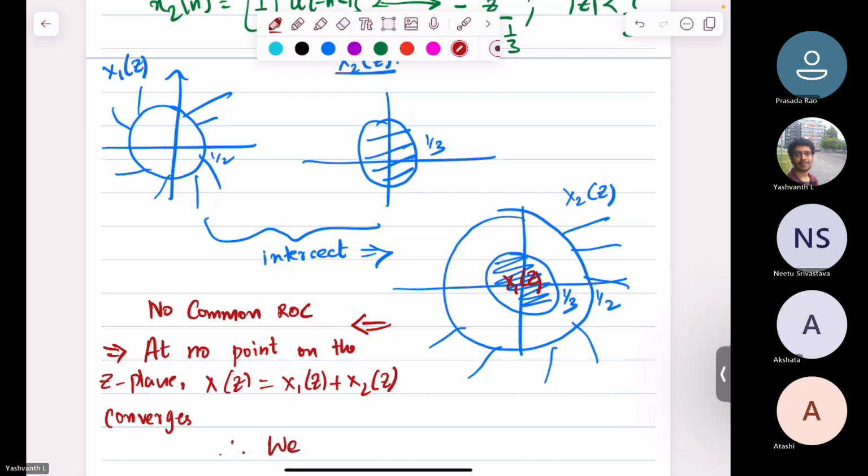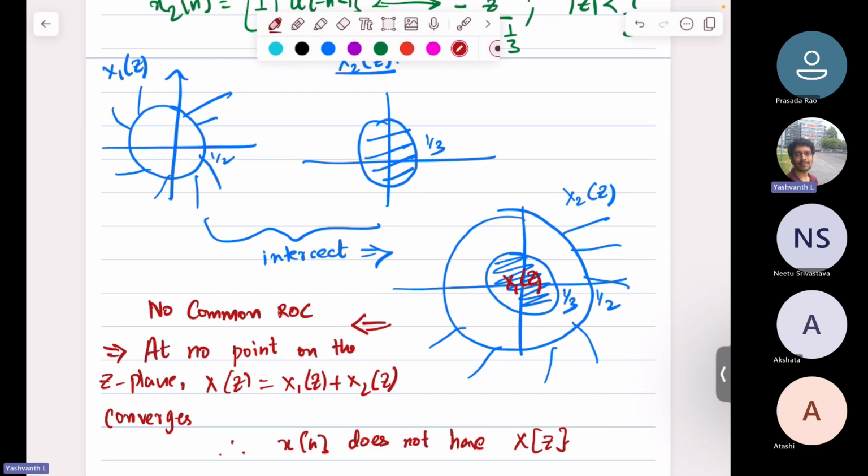Therefore, x of n does not have X of z. Is it clear? Yes, sir. Clear, sir.